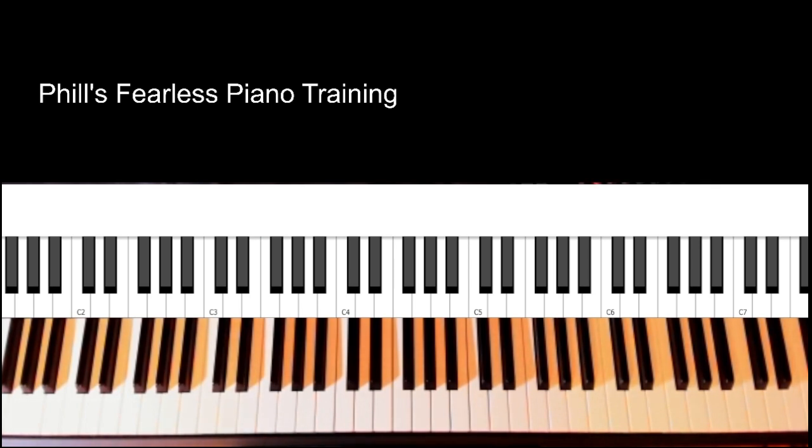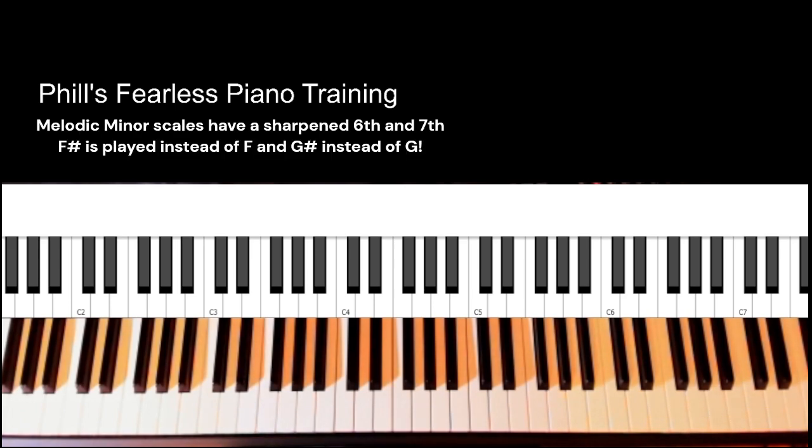Moving on to the concept of the melodic minor. This scale radically alters the 6th and the 7th notes, respectively. Those notes were F and G, and then A. But instead, you're going to see F sharp and G sharp, which is a radical departure from the original notes.